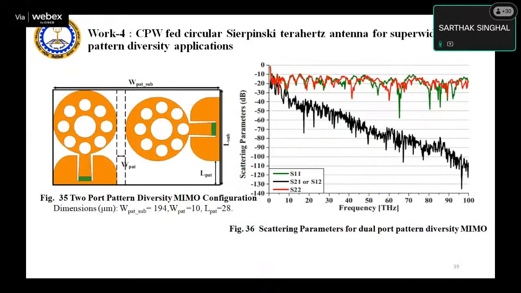Then we talked about the two-port pattern diversity MIMO configuration in which we achieve the entire band of operation as that of the single element, with an isolation ranging between 20 to 130 dB.